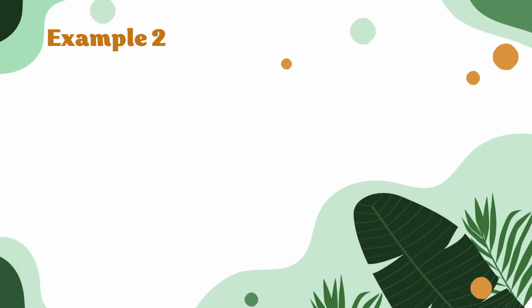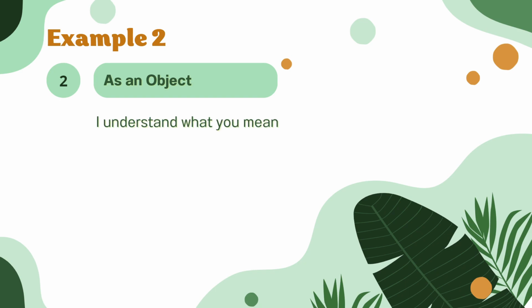Example 2. Example 2 is about noun clause as an object. The sentence is "I understand what you mean." This sentence can be analyzed as follows. "I" is the subject of this sentence.